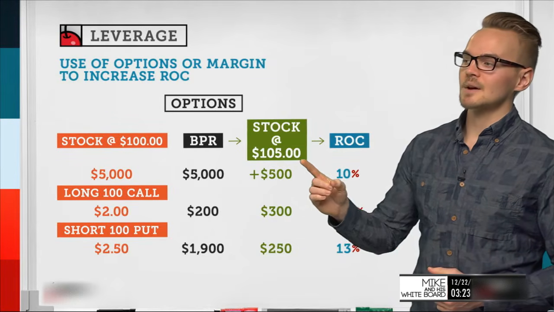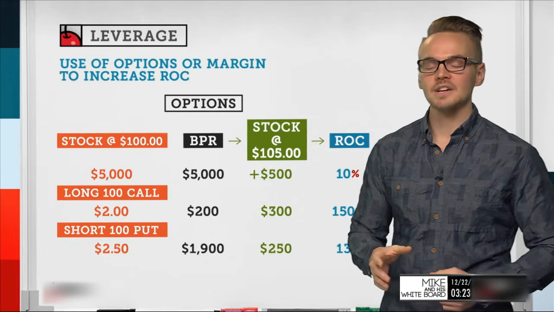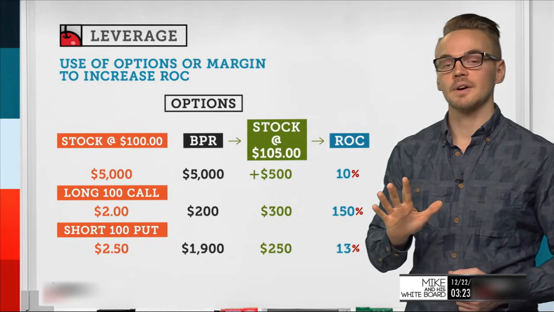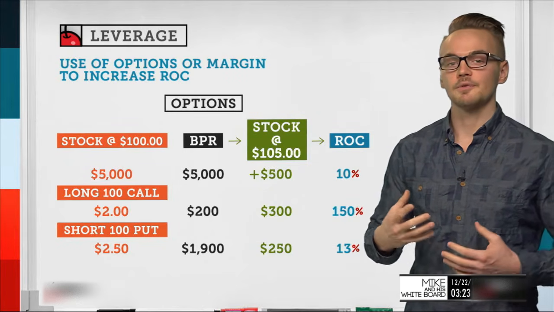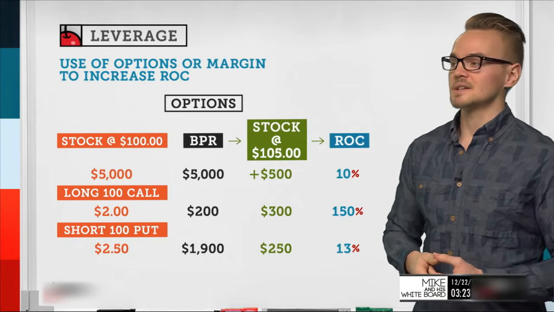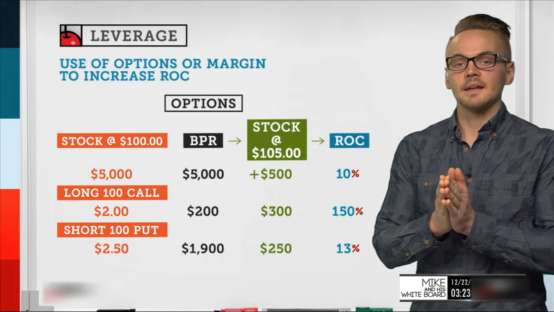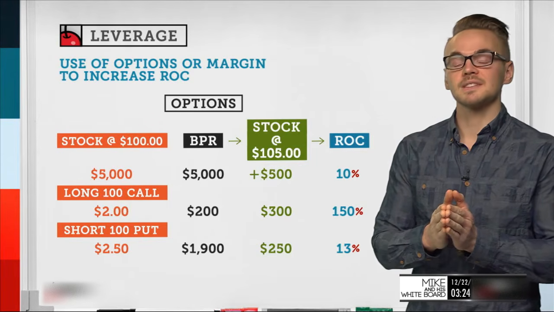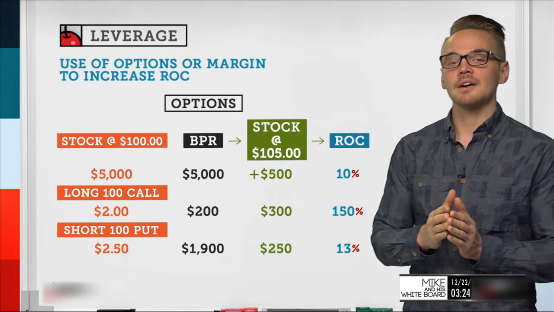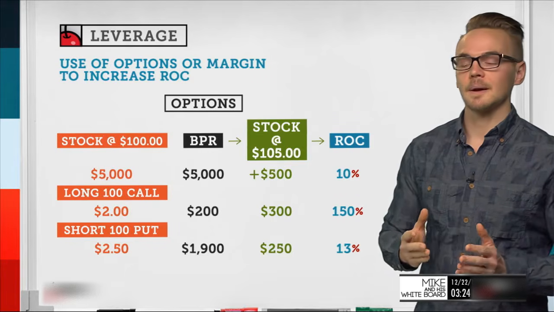And if the stock's at 105, my call will actually be worth $500 if I went to go sell it at expiration for full intrinsic value. Because again, if I'm buying a call which controls 100 shares, and that strike price is 100, if the stock price is 105, I have 5 points of intrinsic value there.